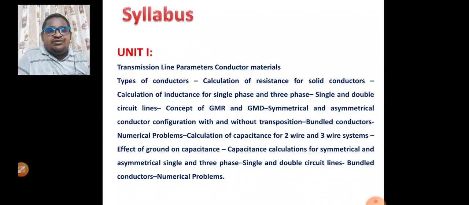All these things we can see under the first unit. Okay, and moreover this first unit is somewhat lengthy, it will take much time, and second and third are very simple.